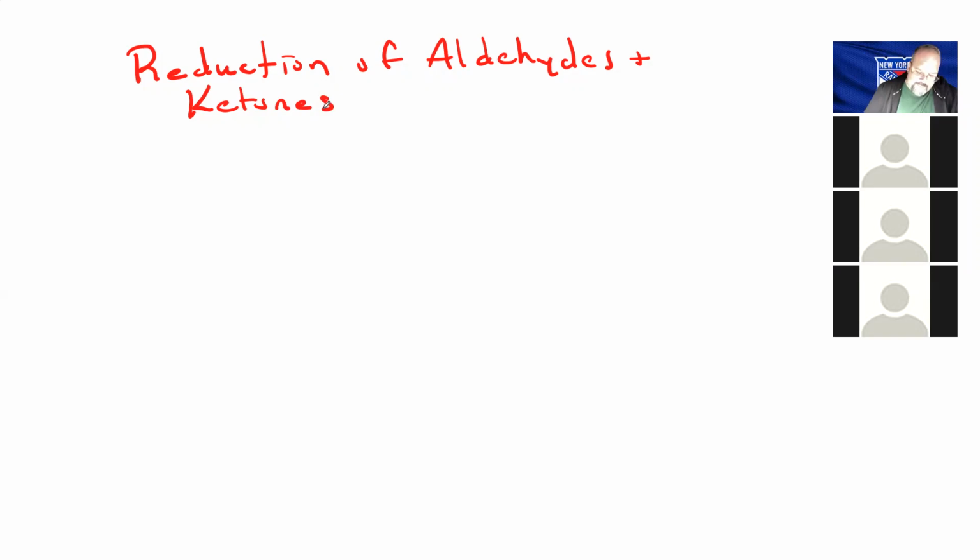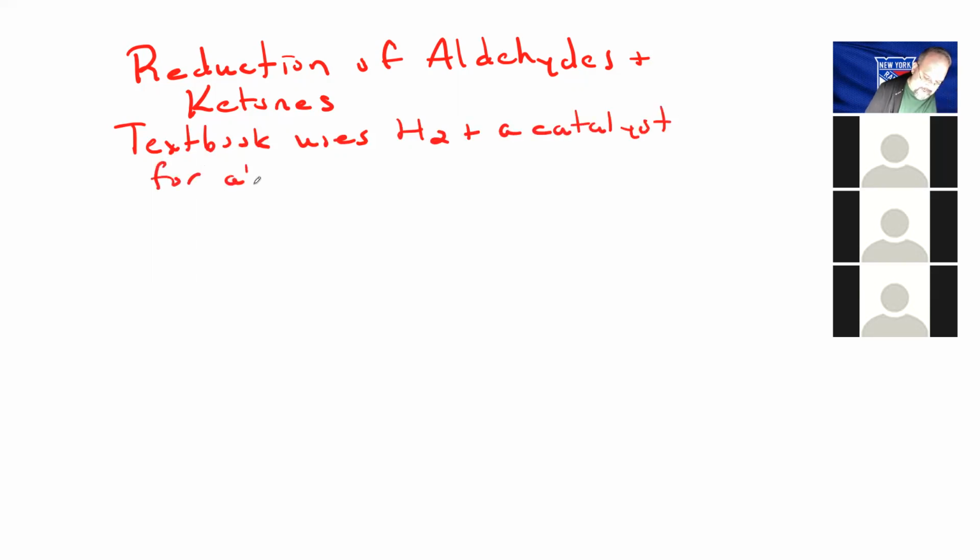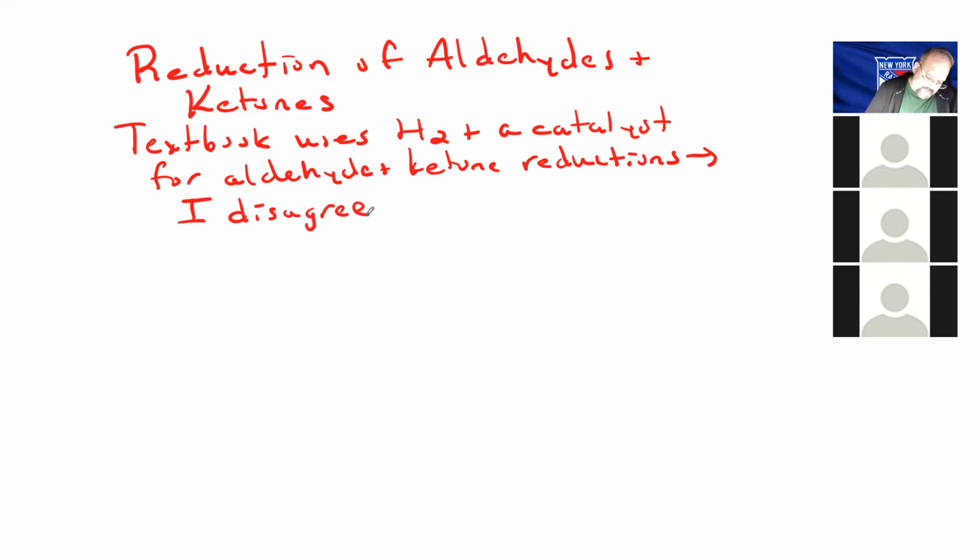Now, one thing to mention before we get into all of this, the textbook uses H2 and a catalyst for aldehyde and ketone reductions. And as I mentioned in the slides, I actually really disagree with that.